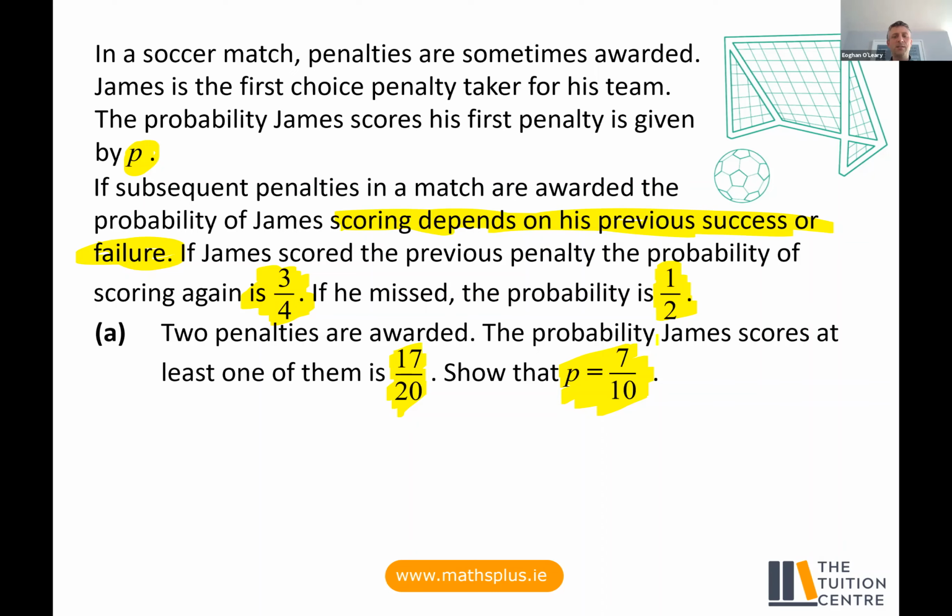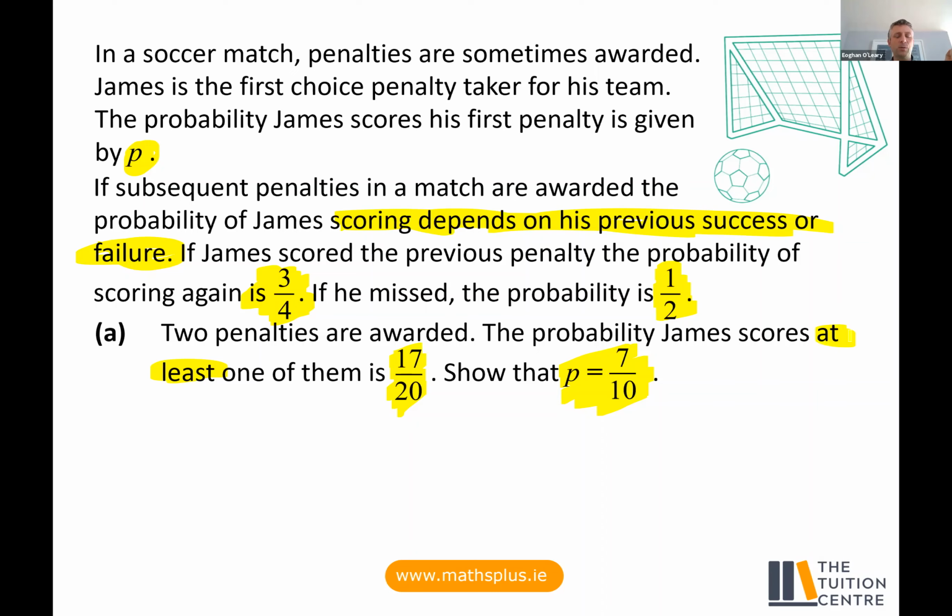The probability that he scores at least one of the 2 penalties is 17/20. So we have an idea of our approach straight away when we see the phrase at least. If we get 1 minus the probability of him missing them all, that would be the probability he scores at least 1.